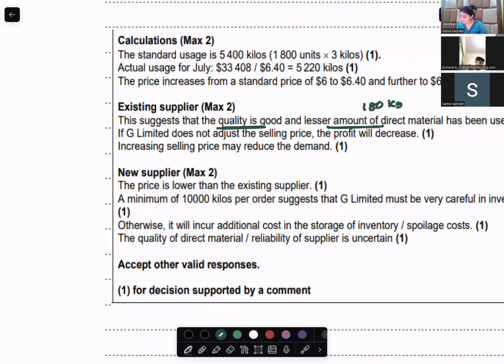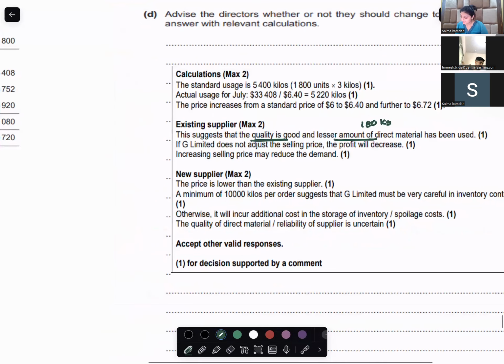If I do not adjust the selling price, my profits will decrease, because now they want to increase the material price to 6.72. That means they want to further increase it by 0.22.